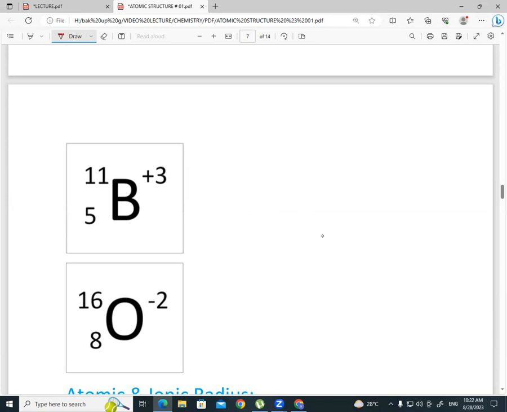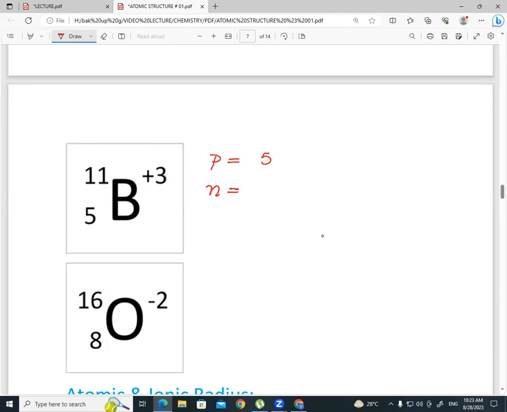See the example of boron here. The atomic number shows the proton number. Here the atomic number is 5, so the proton number is 5. This shows the mass number, and we are going to find the number of neutrons. The number of neutrons is found by subtracting the atomic number from the mass number.